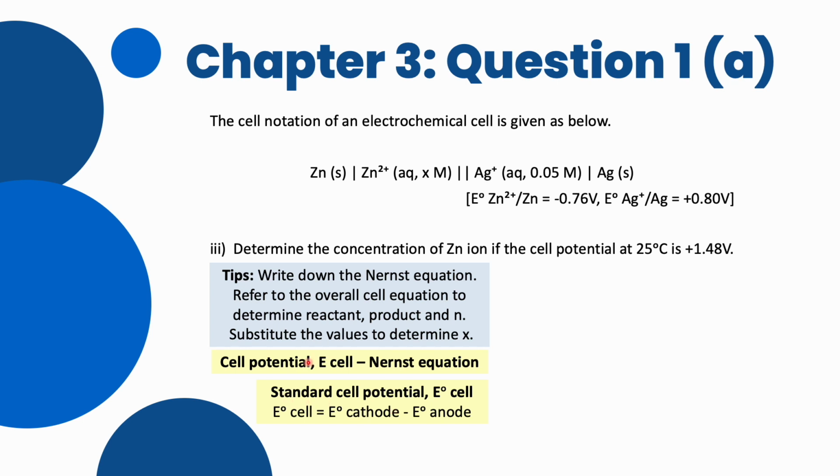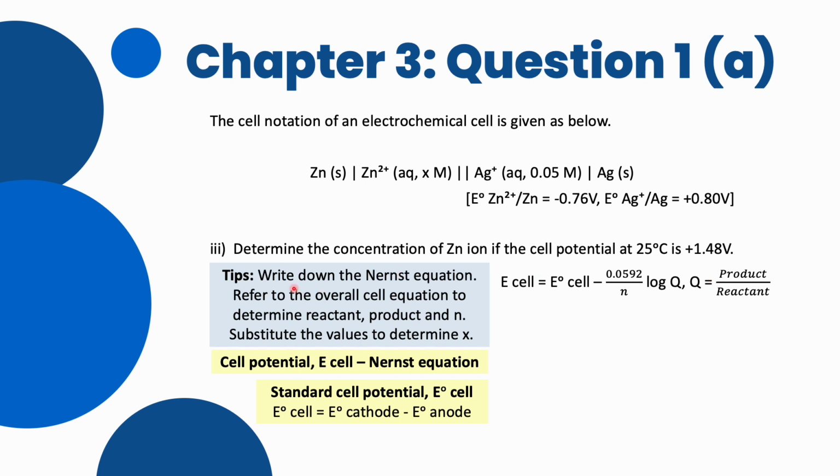First, I'm just going to write down the general formula of the Nernst equation. For the general formula of the Nernst equation, it is E cell equal to E0 cell minus 0.0592 divided by N log Q, where Q is the product divided by reactant. For the Q, it must be based on the overall cell equation.